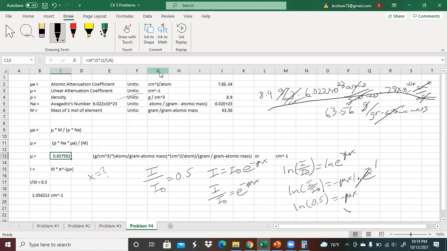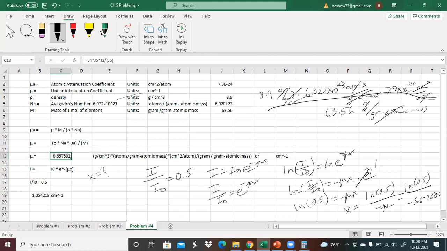So we find out that the natural log of 0.5 divided by minus mu is equal to that. So the natural log, and this will end up being a negative number. So the fact that this is negative down here is not really of concern. We divide by 0.657502.